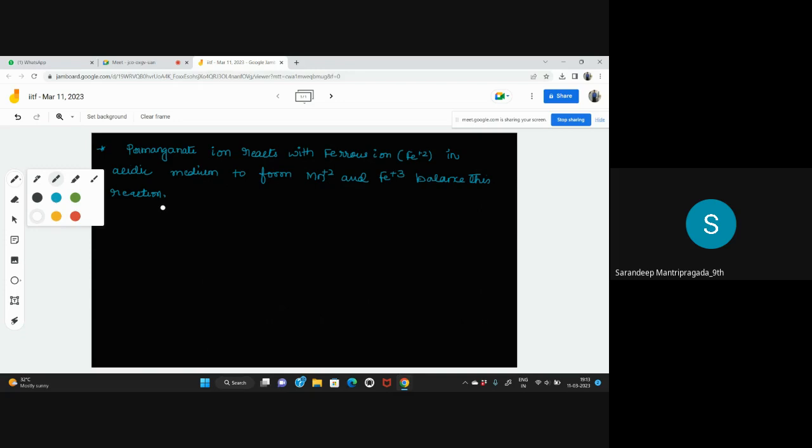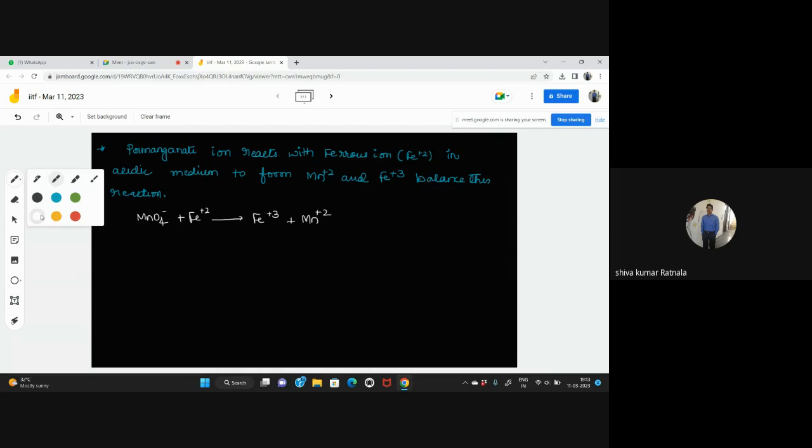Let me try this one. So what are we writing? Permanganate ion means MnO4 minus reacting with iron plus 2, which will convert into iron plus 3 and Mn plus 2.